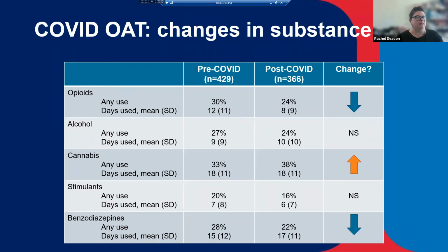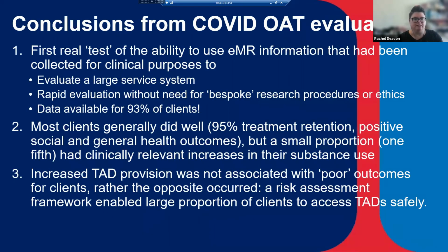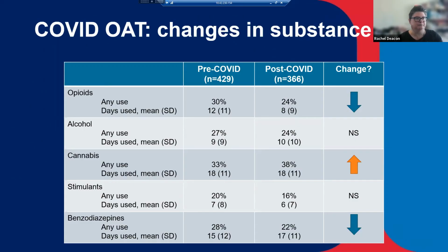One of the main outcomes we wanted to measure in this evaluation was, was there a deterioration in clients? And we measured that by having a look at their days of substance use for those substance categories that were most important or most related to their OAT medication.